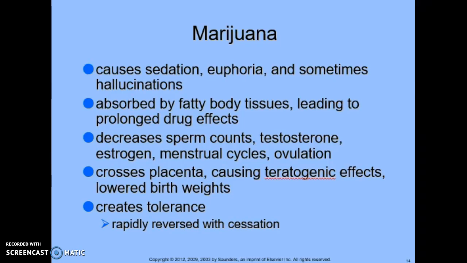The effect of this can be lowered birth weight, and it does create a tolerance. Marijuana is considered to be a central nervous system depressant. Effects of marijuana use could be euphoria with gaiety and a heightened sense of humor, sedation with lethargy and memory loss, and sometimes, as mentioned earlier, hallucinations.